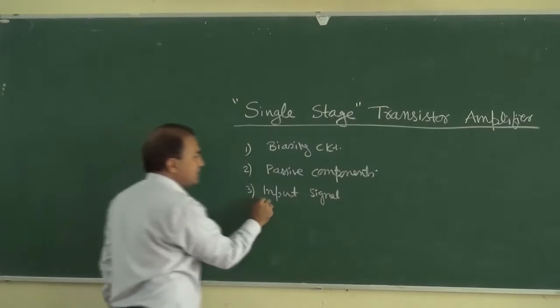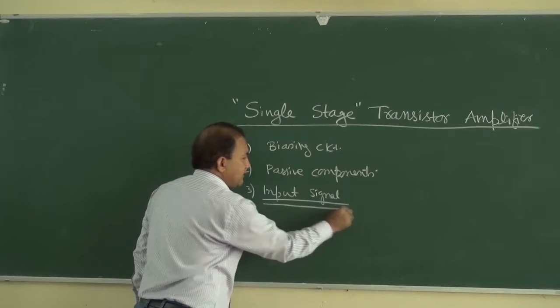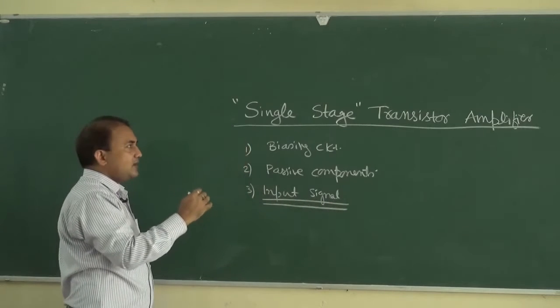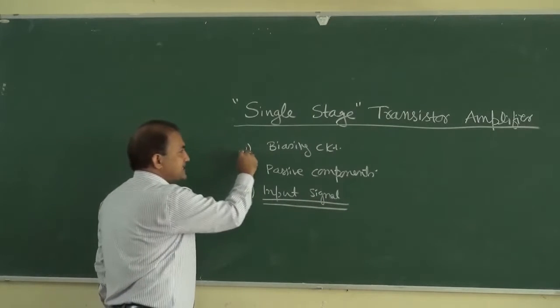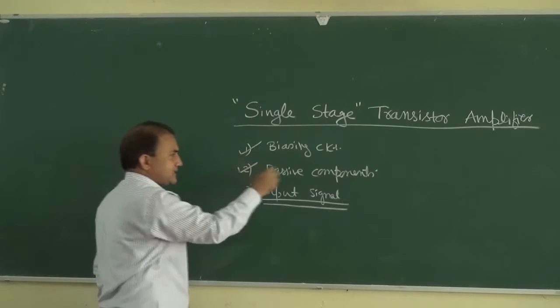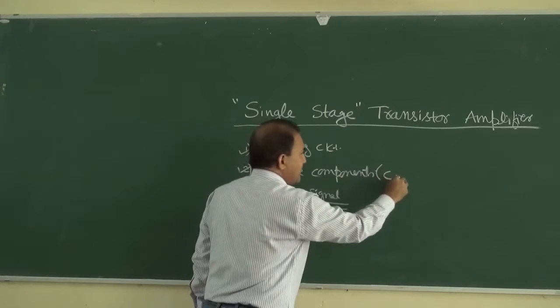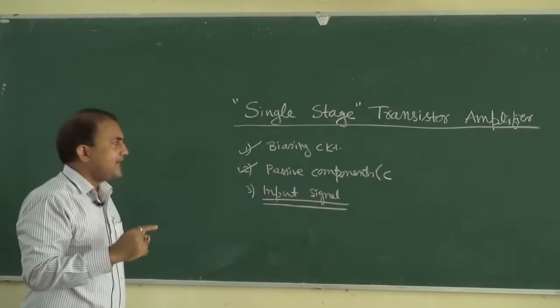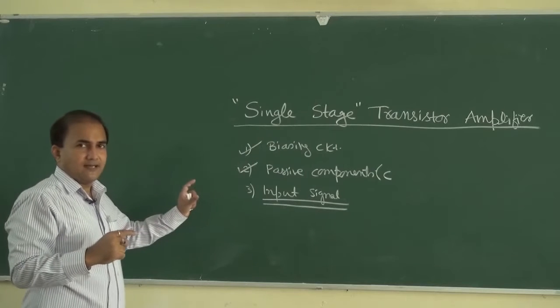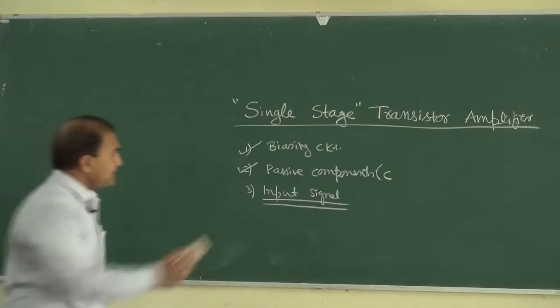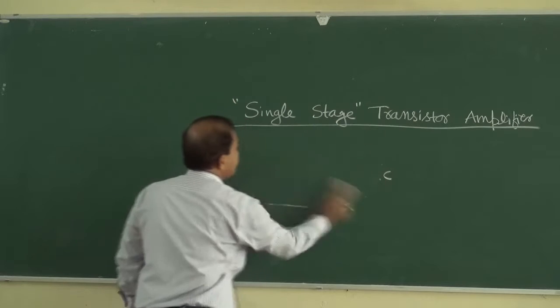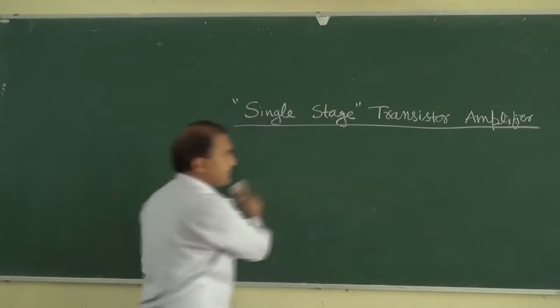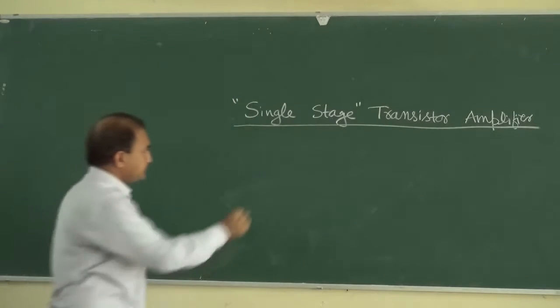Okay, so suppose we want to amplify this input signal, so we have to use biasing circuit and passive components. Generally as passive components we will be using only the capacitor, okay, and input signal. So we can design a single stage transistor amplifier like this.